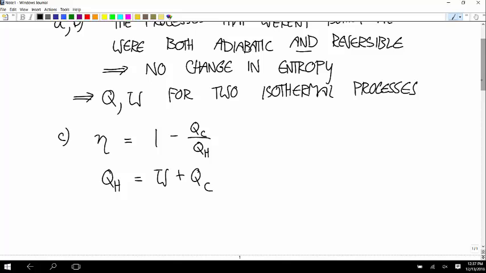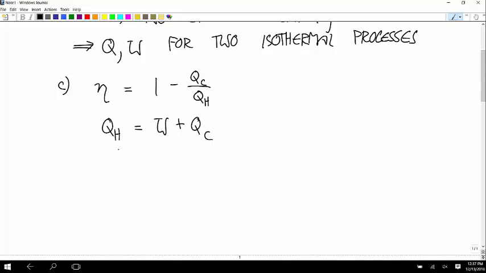So that's easier. You might be able to do it with the heat relationship, but since it's a reversible process, you can just use the maximum. And I forgot that the temperatures are given.